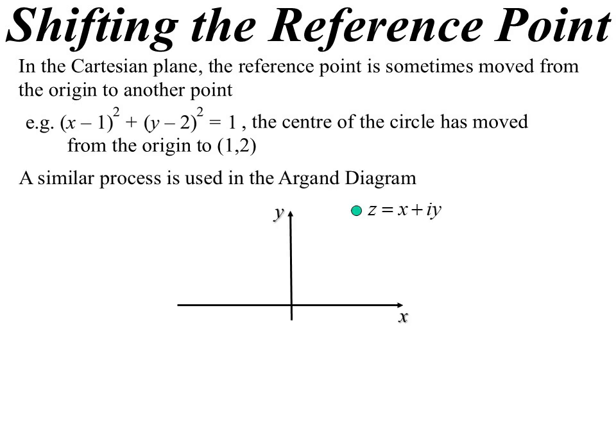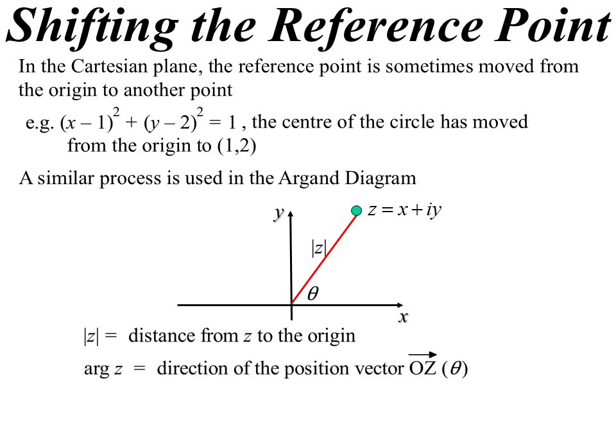Over here, there's Z. Modulus of Z, what does it actually mean? It means what is the length of this vector? Head minus tail, Z minus 0, so at this point it's a position vector, so it's just mod Z. Argument, the direction of our vector. But let's say my reference point is over here, it's some other complex number.